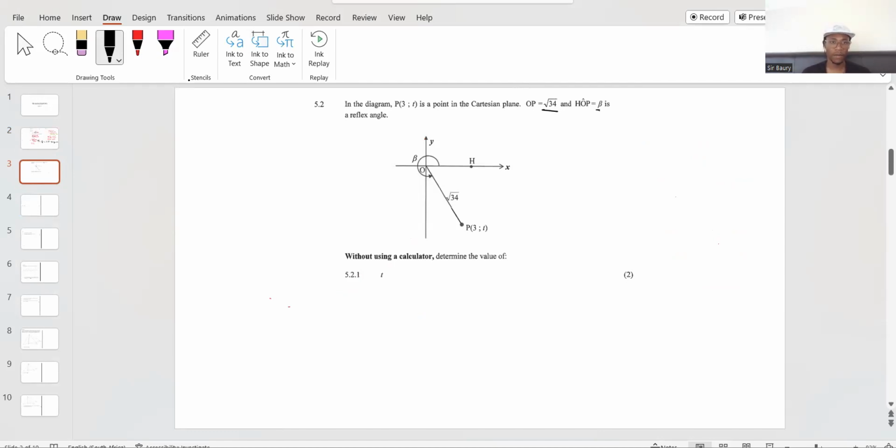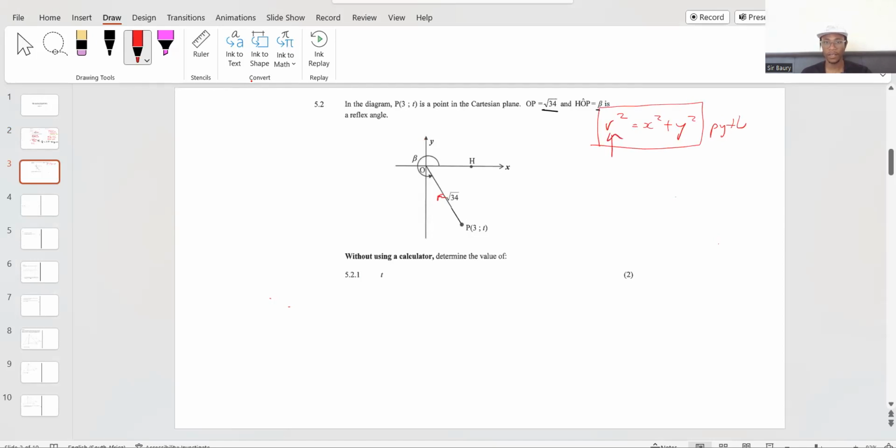On the diagram, before I answer the questions, I'm going to look at my diagram. I have R already. R is equal to root 34. So the key thing you need to know is R squared is equal to X squared plus Y squared, right? This is Pythagoras. So when you're given this type of question, always have these variables.